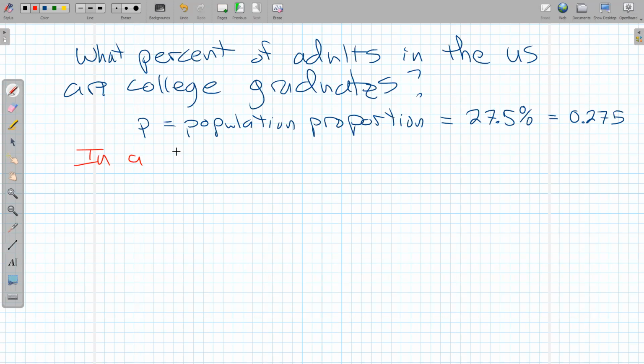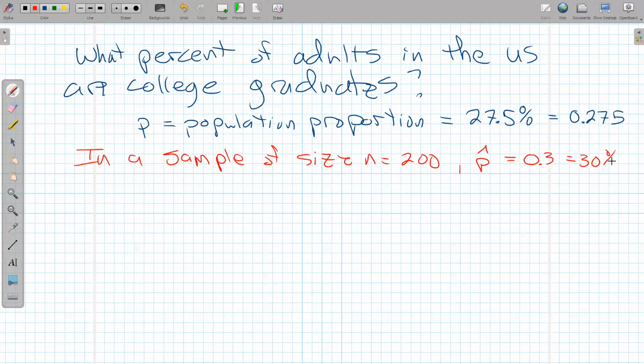So in a sample size n equals 200, p hat is 30%, so 0.3, 30% have a college degree.